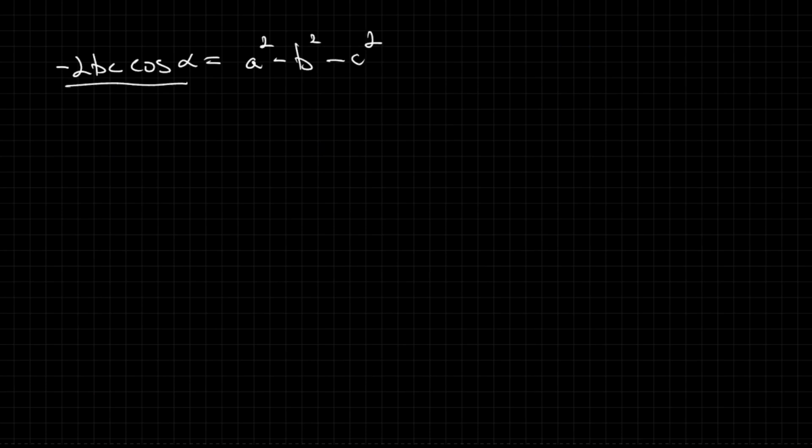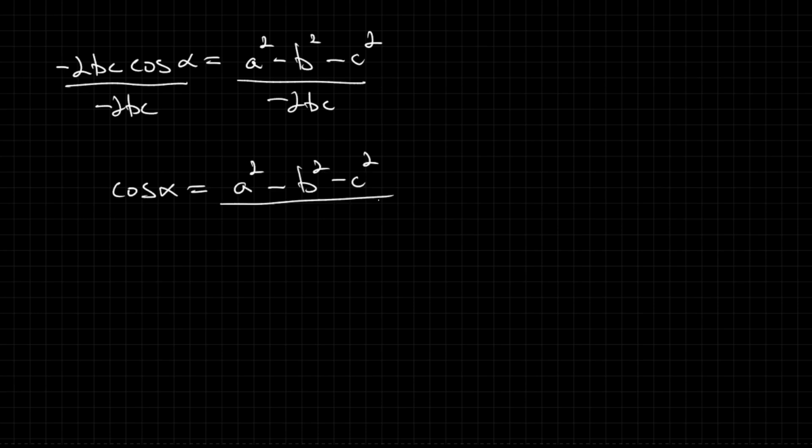And then I can divide by negative 2bc on both sides, and I get what cosine of alpha is. Cosine alpha equals a squared minus b squared minus c squared over negative 2bc. And keep in mind that we know everything on the right hand side here. We know a, b, and c.